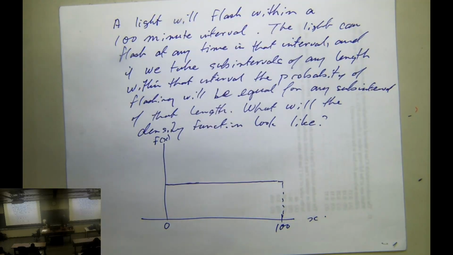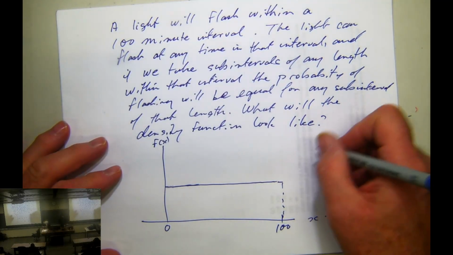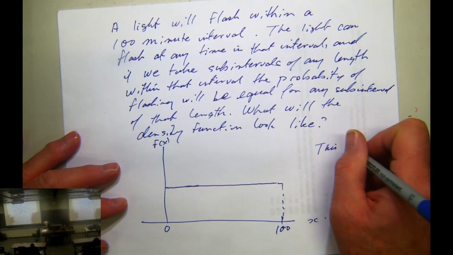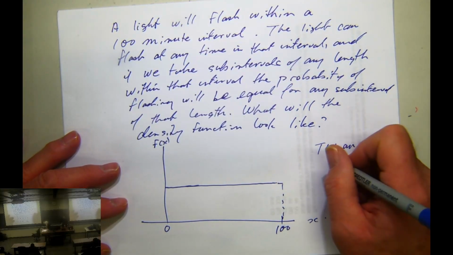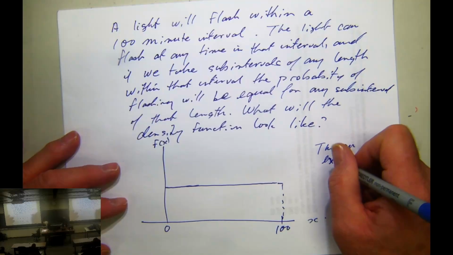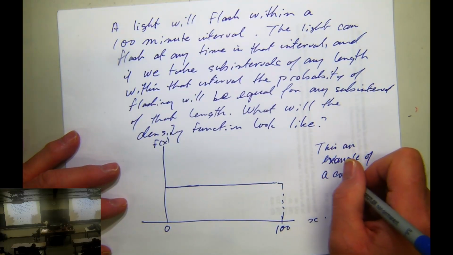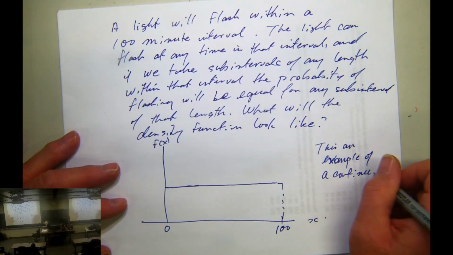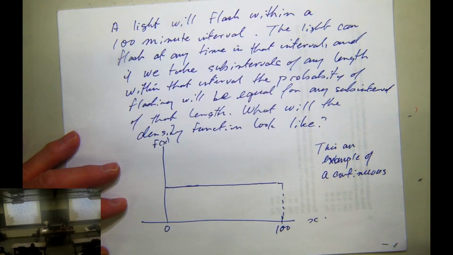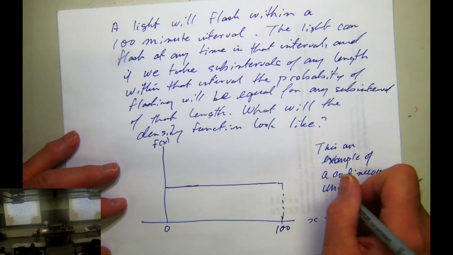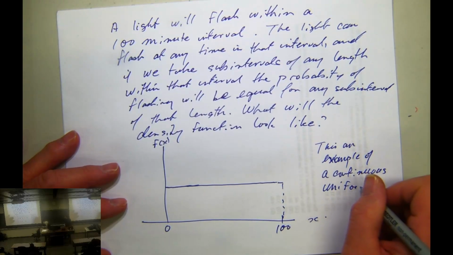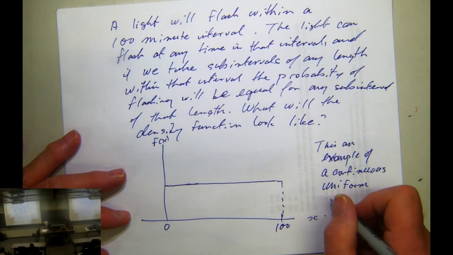And so what we've actually done here is an example of a continuous uniform distribution.